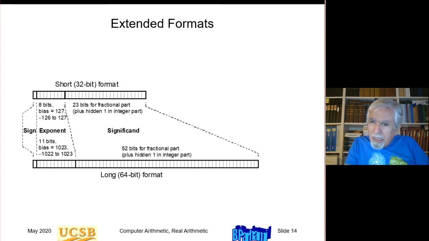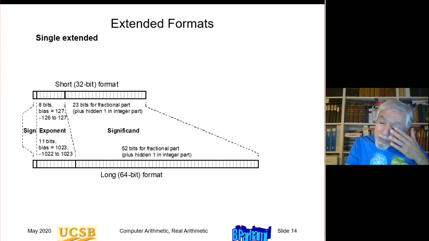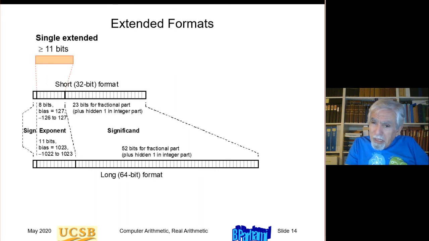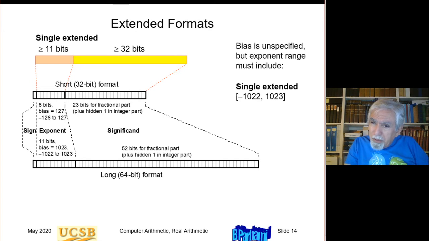Okay, there are also extended formats, and these are not part of the standard, but just suggestions. If you're dealing with single precision or short numbers, you may want to keep a wider format internally in the computer in order to control the errors.